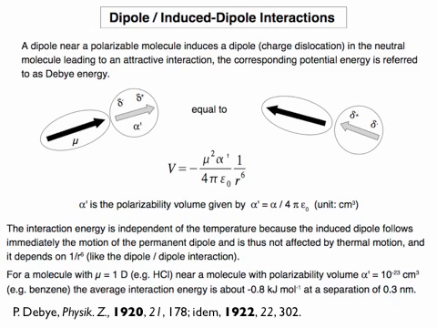You get a slightly negative charge closest to the arrowhead and a slightly positive charge on the other side. So now you have a dipole-induced dipole interaction, which is the Debye interaction.